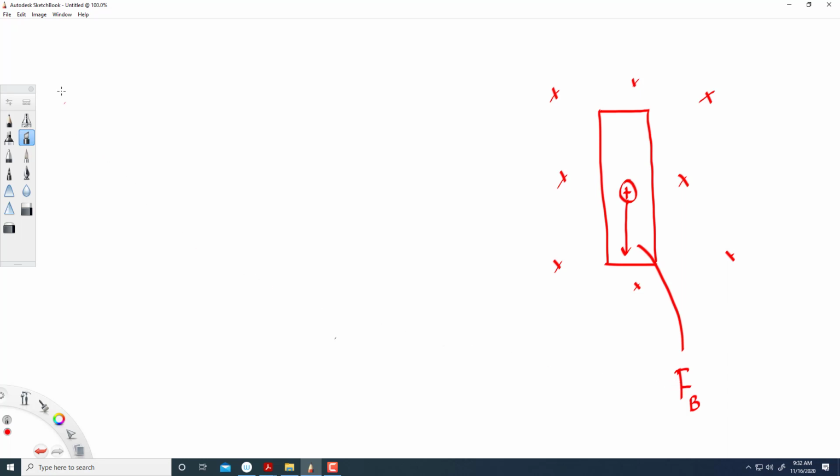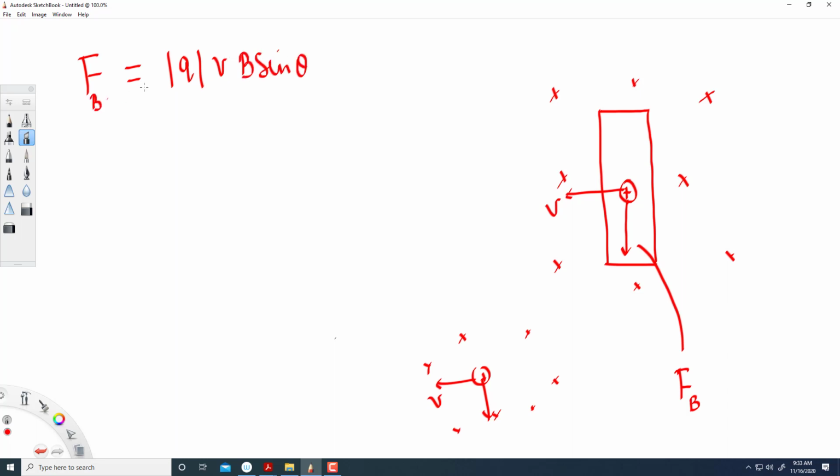Do you guys remember the formula of the force on a charge due to magnetic field? We talked about that last time. When a charge is moving in a magnetic field at some velocity, what's the force on that? The force is given by Q V B sine theta, and this theta is the angle between V and B. What's the angle between V and B? 90 degrees.